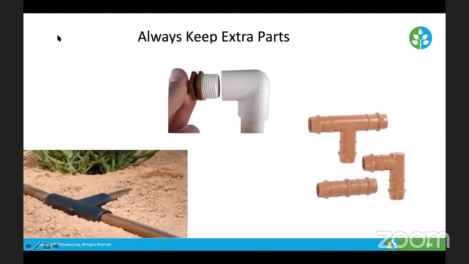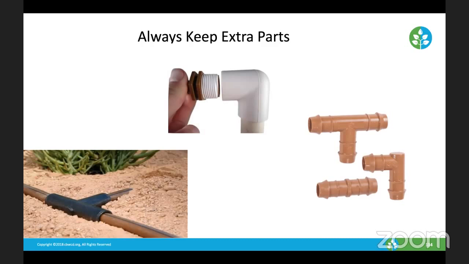And then another thing with drip irrigation, and this goes with anybody that's a DIYer, or maybe you don't have a gardener and you are the one who's in charge of your irrigation, to always have extra parts.